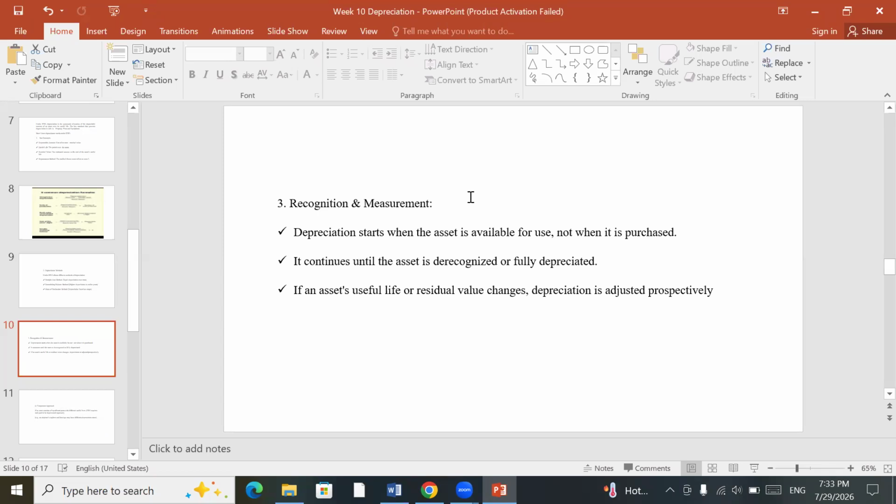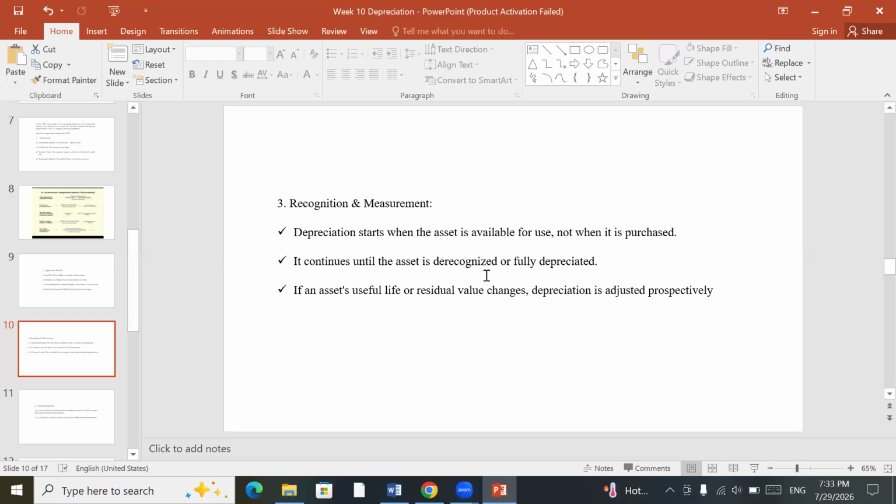Recognition and measurement. Depreciation starts when the asset is available for use, not when it is purchased. Try to understand this clearly. When you start using it, at this stage you have to consider depreciation, otherwise nothing. It continues until the asset is derecognized or fully depreciated.